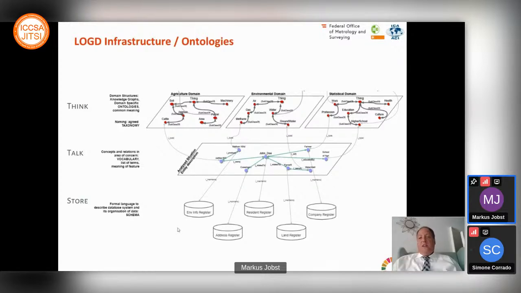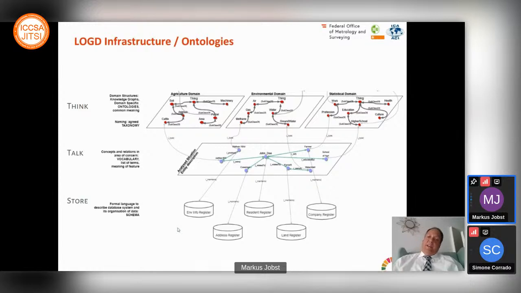And this is, on an abstracted level, how we work for these different data themes. So we have the storage at the bottom, where we have the schemas, how we store our information. But then we need to transport this content. That's the way we talk. That's the vocabularies that we have defined on our knowledge, on our storage.